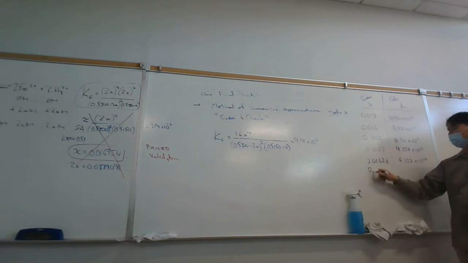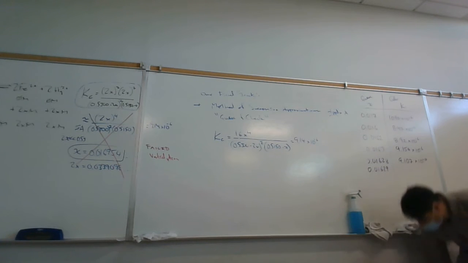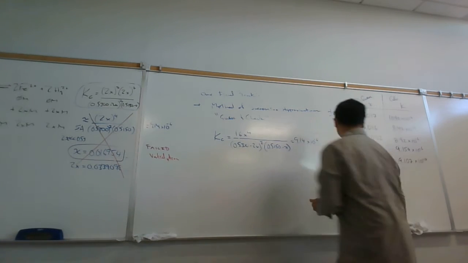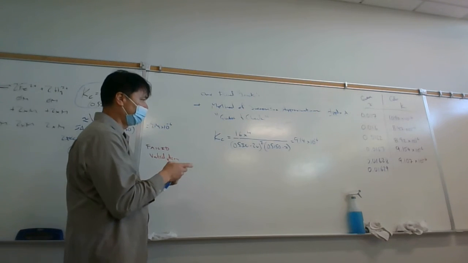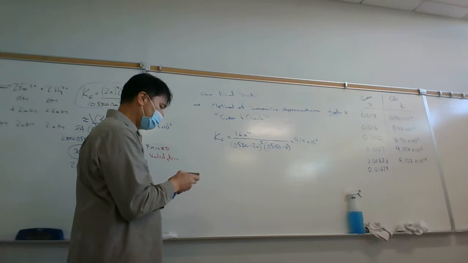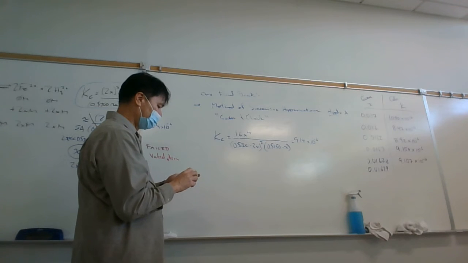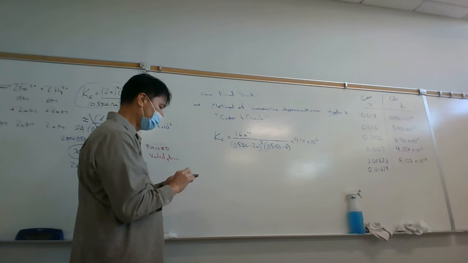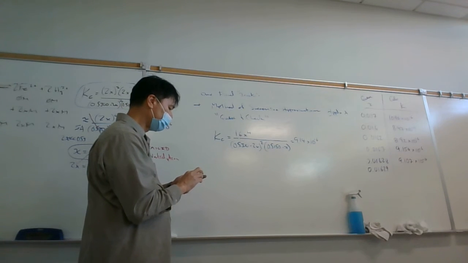Well, let's do 9.5. Let's do 0.01629. I'm going to see where that comes out. Okay, let's do that. 0.01629 to the fourth times 16 equals, divided by parentheses 0.53 minus double this.